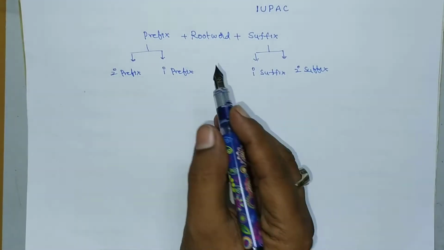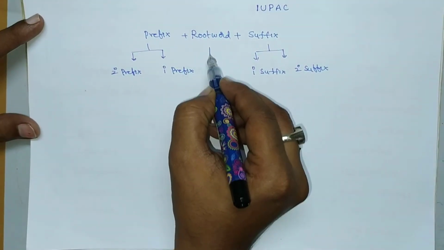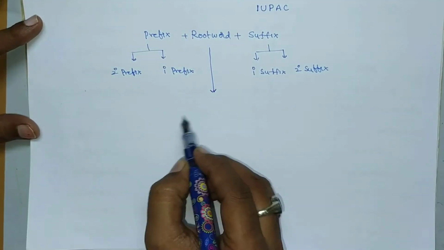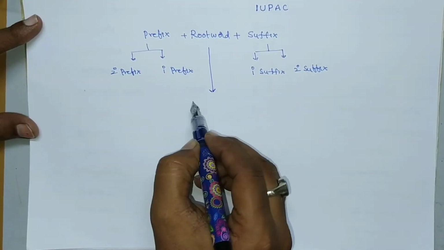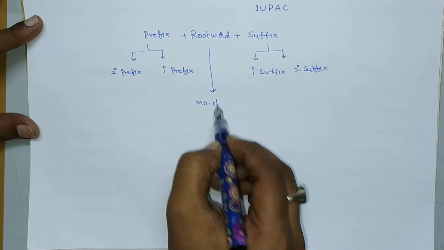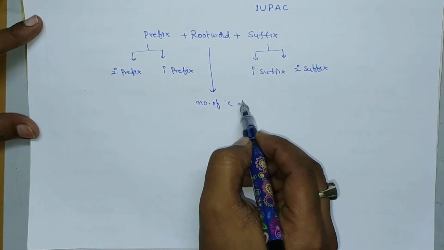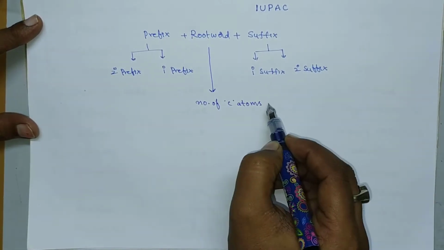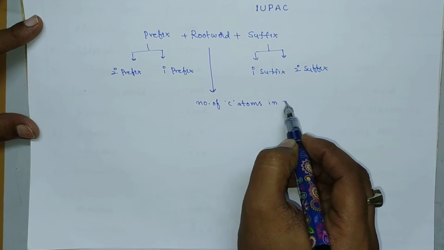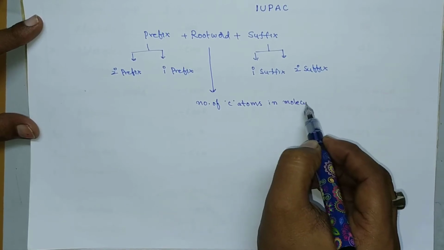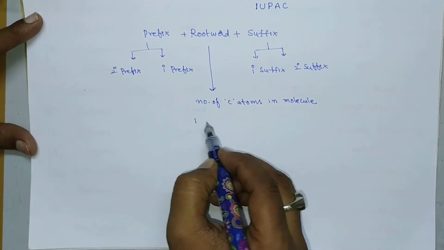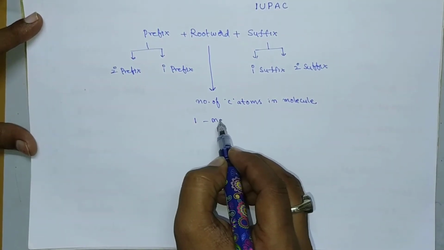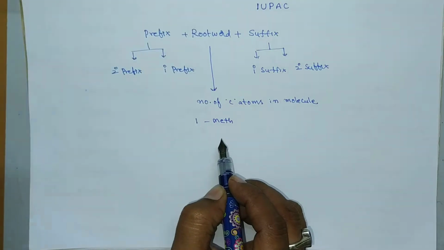The first one is the root word. The root word indicates the number of carbon atoms present in the given molecule. If the molecule consists of 1 carbon atom, we write meth in the place of the root word.